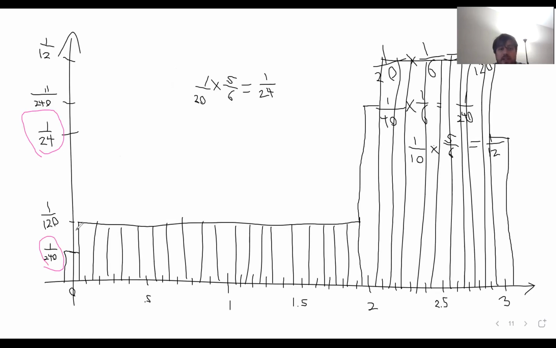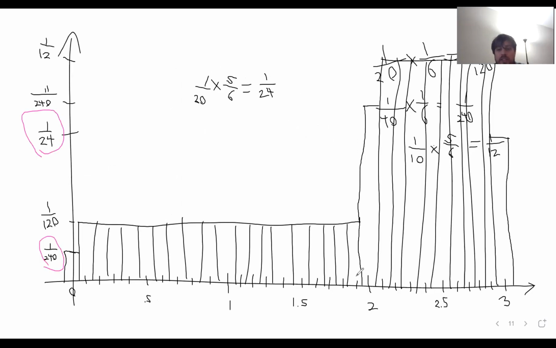I found the PDF, and so f of X is going to equal 1 over 240 for X equals 0, and it's 1 over 120 when X rounded to the nearest tenth is either 0.1, 0.2, up to and including 1.9.